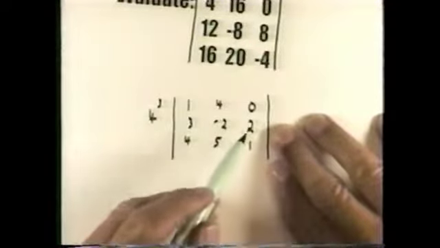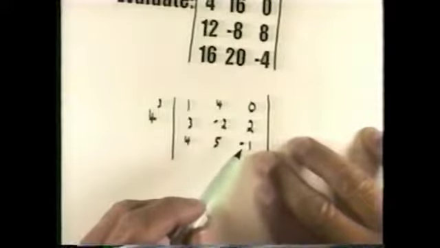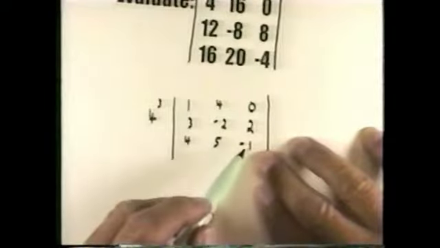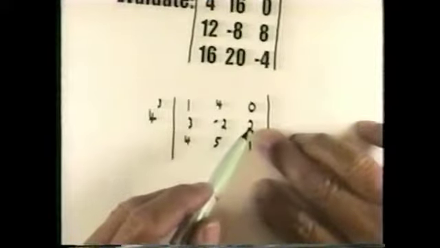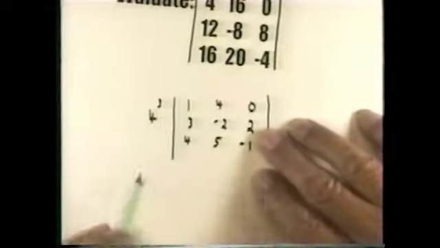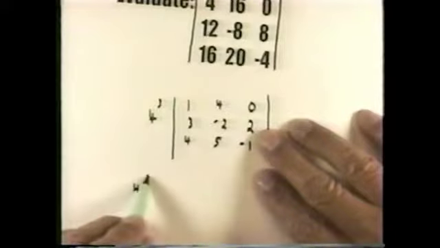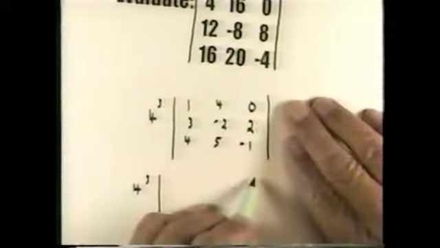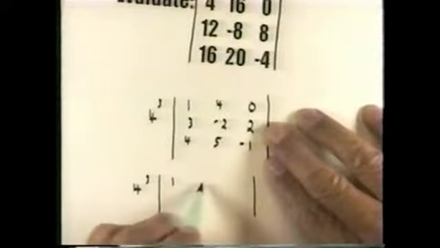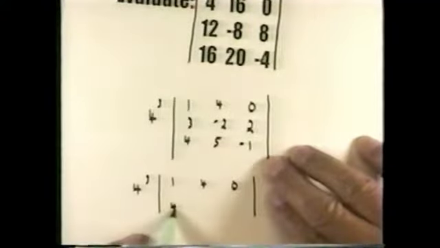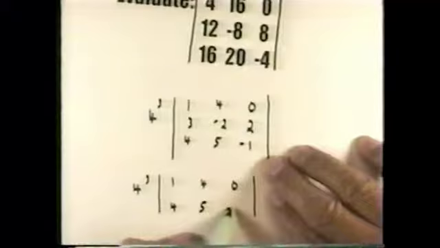Now if I multiply row 3 by 2, add to row 2, that would be 4 cubed times 1, 4, 0. I'll leave the 4, 5, negative 1.